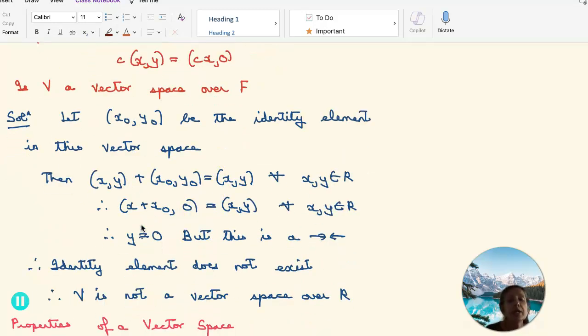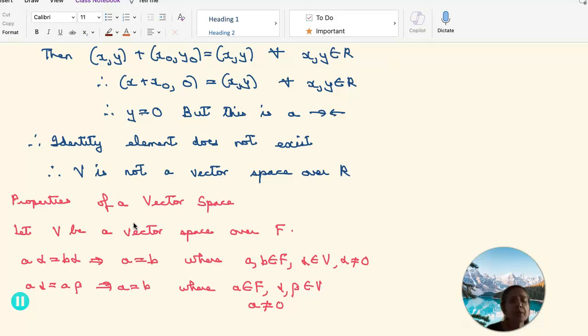And what happens if the identity element does not exist? It cannot be a vector space. Now some basic properties of a vector space. Let V be a vector space over F, then aα = bα implies a = b, where a, b belong to the field and α belongs to the vector space, α not equal to 0.